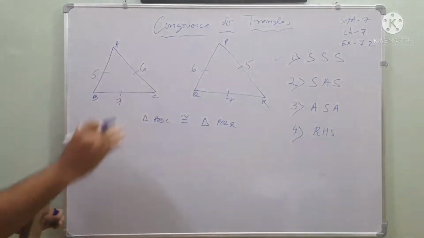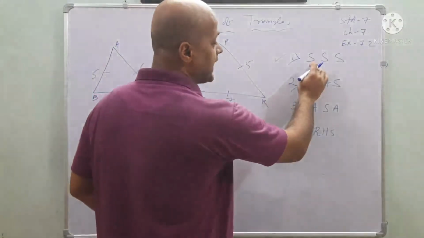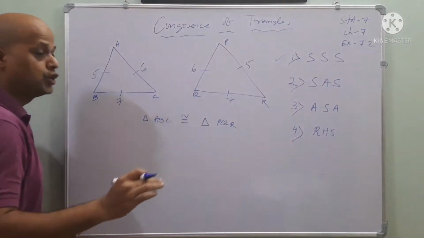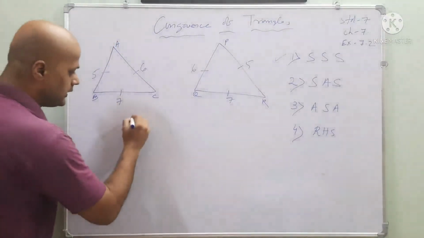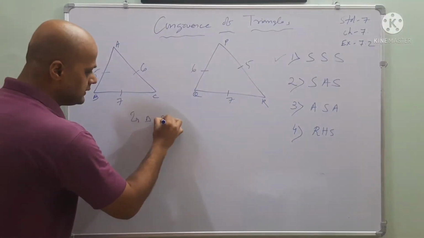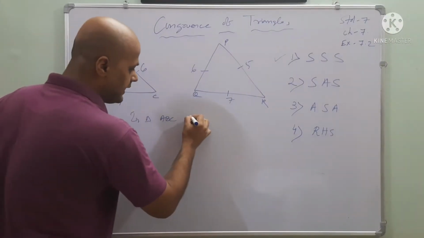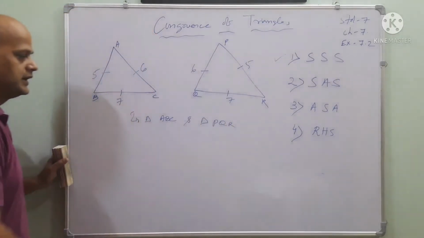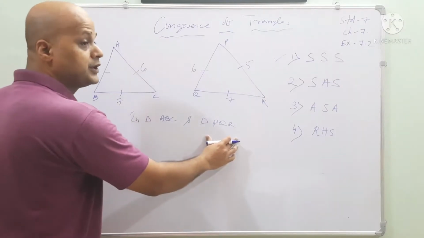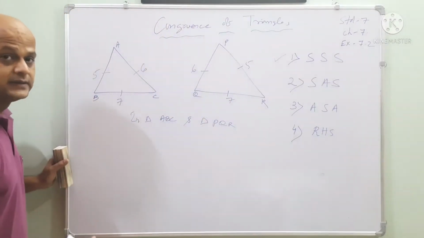Now how will I use side side side? First you have to write in triangle ABC and triangle PQR, which sides are similar.